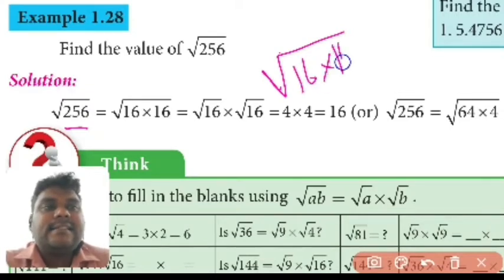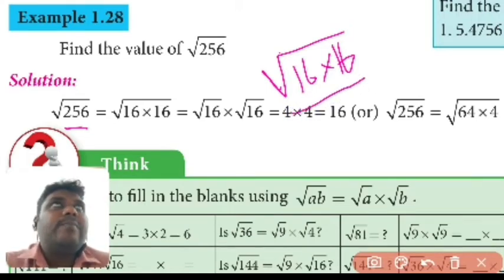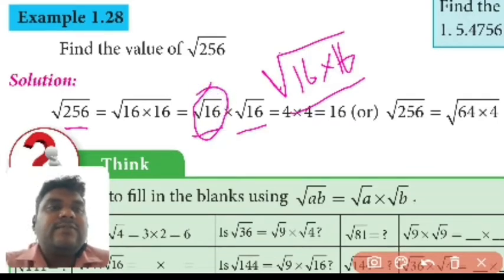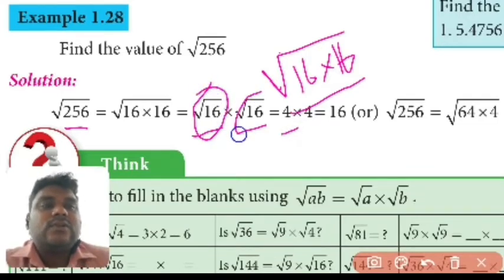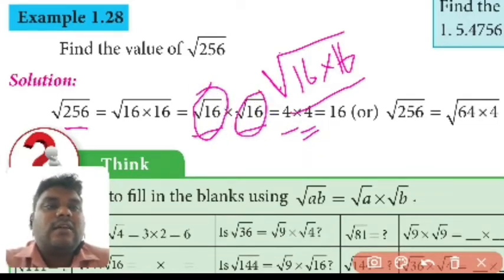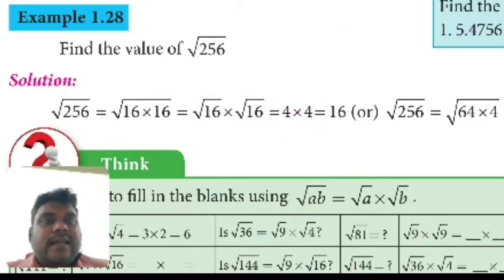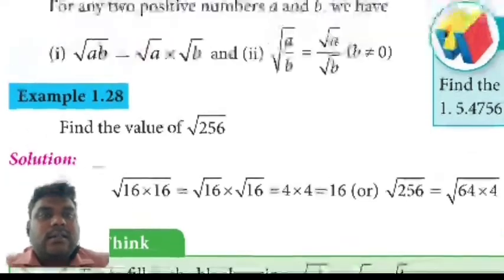This is in the form of root of a into b, so we can write root 16 into root 16. We know root 16 is 4 and the other root 16 is 4. Therefore 4 4s are 16.